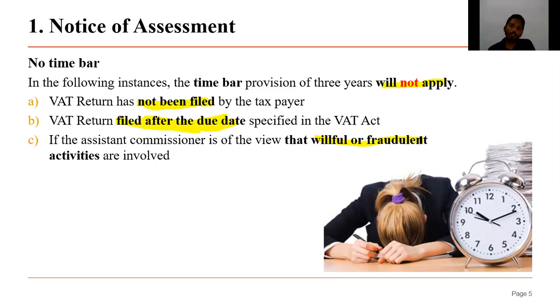If you declare a low amount willfully, then definitely no time bar is applicable. If IRD realizes at any point, they will issue an assessment. These are the 3 points where the time bar will not apply.